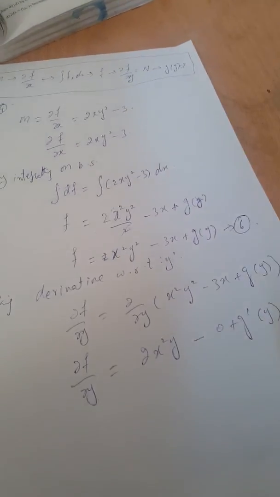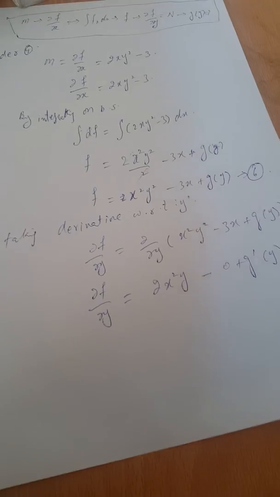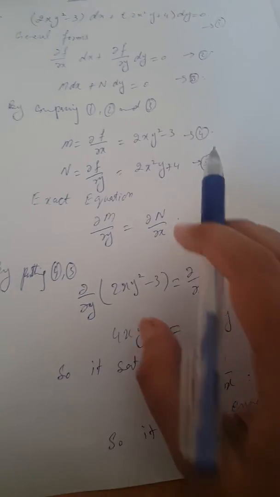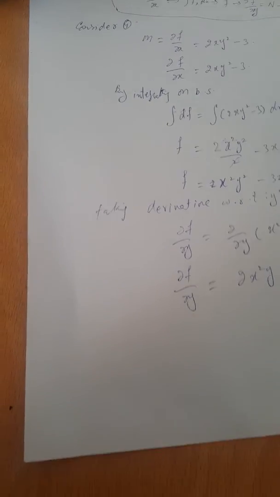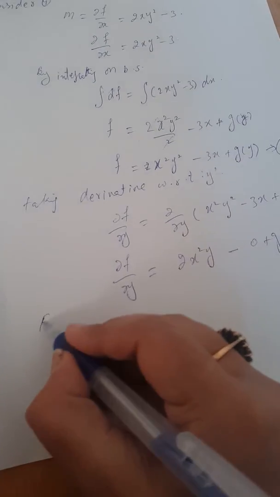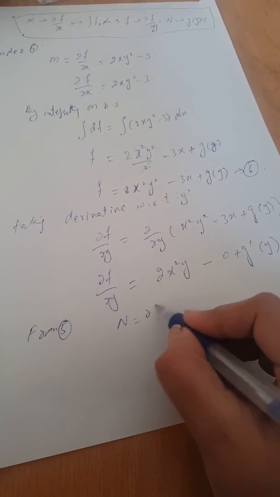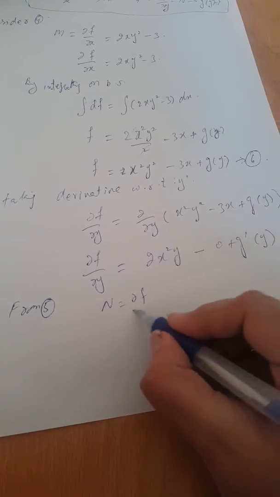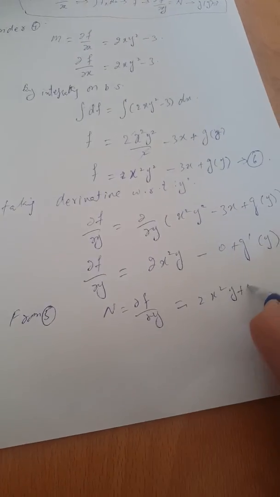From equation number 5, partial f by partial y is equal to N, which is 2x square y plus 4.